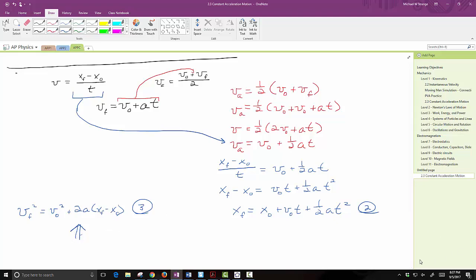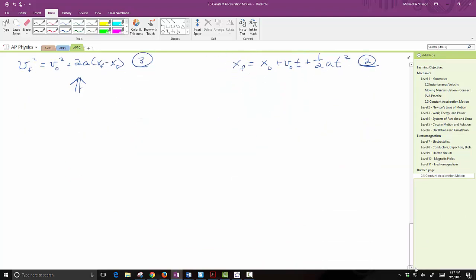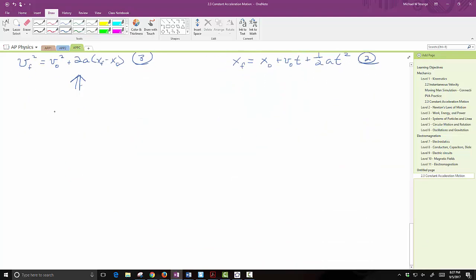I guess the one thing we could talk about real quick is what the graphs look like. So when you have constant acceleration, let's think about the position, velocity, and acceleration graphs. So we have position, velocity, and acceleration.